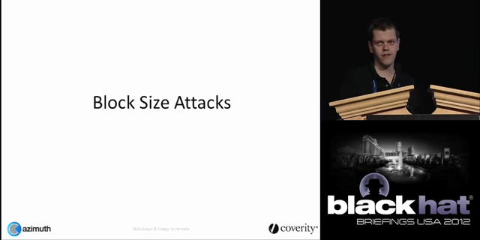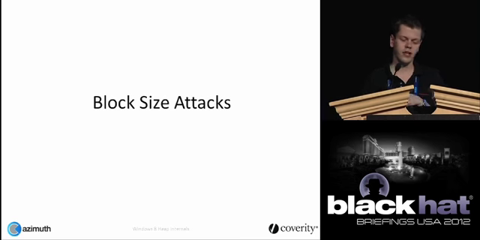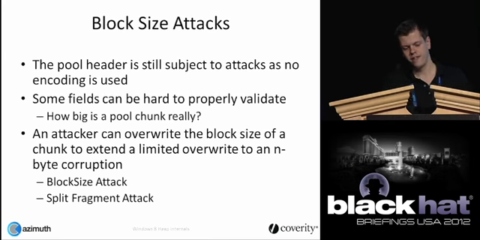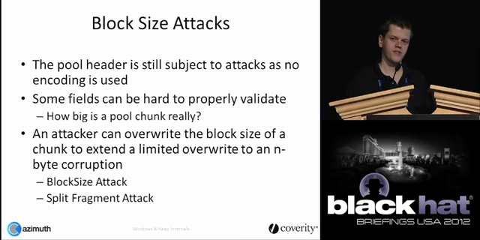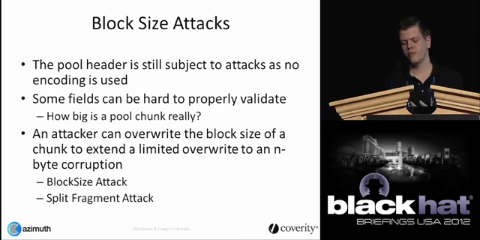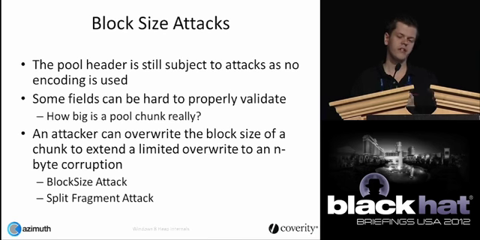Despite all these fixes, there's still a major drawback, in that the pool header is not encoded in any way. So you can still write into the pool header and possibly fake values as long as validation succeeds. And one other thing is that it can be really hard to properly validate some of these fields, for instance block size values.